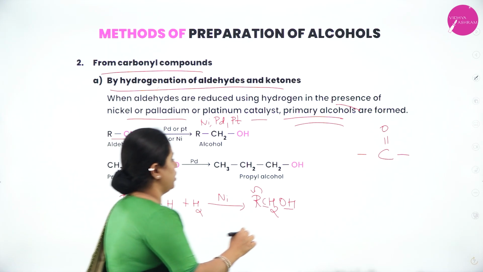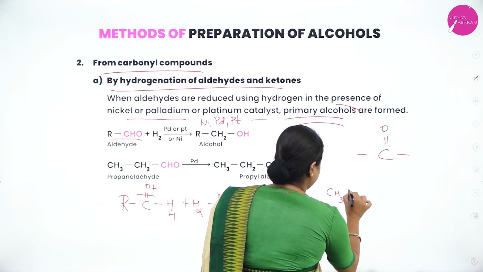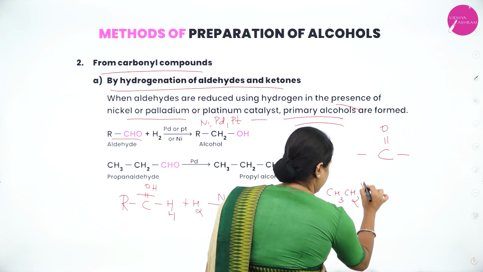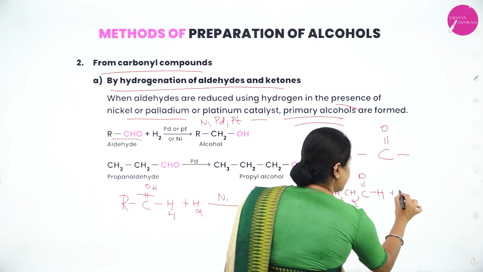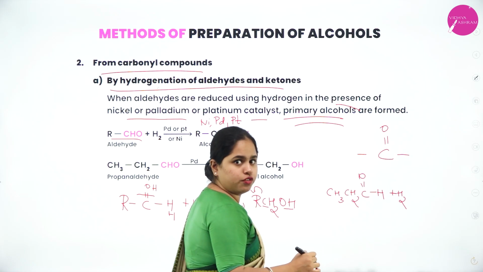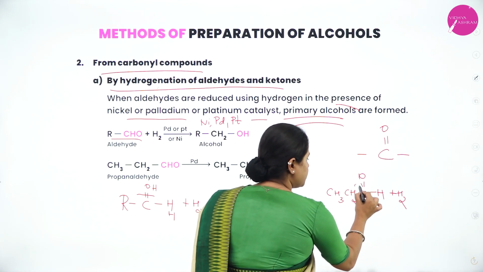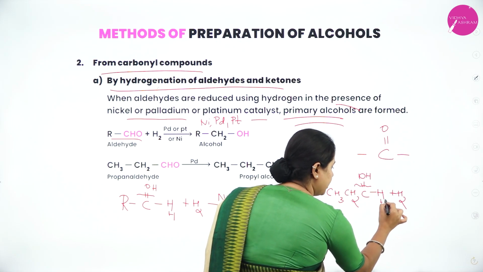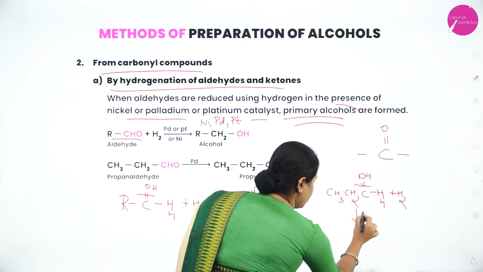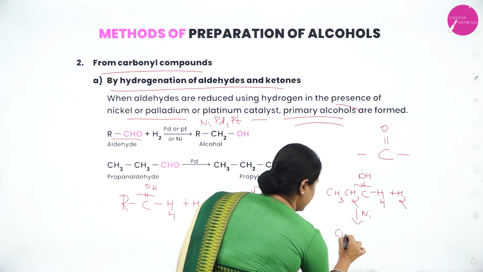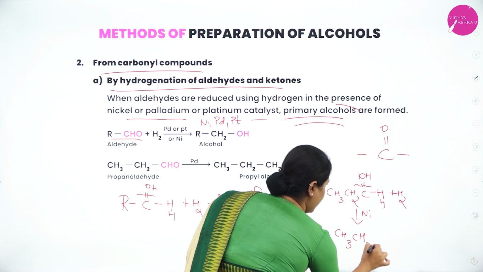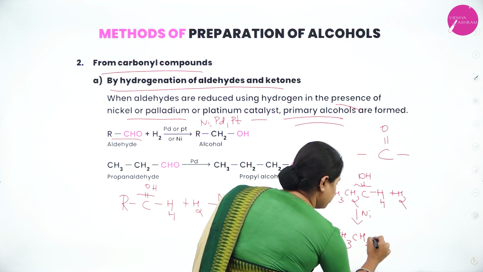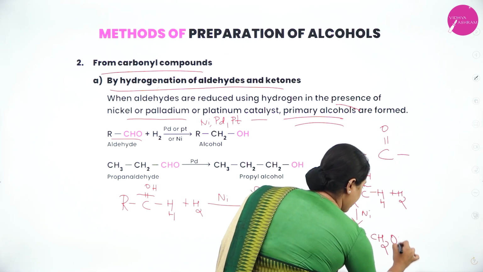Another example is shown here, that is CH3CH2C double bond O H, to which again we are adding hydrogen in presence of nickel. What happens again? This bond will be broken, one hydrogen will be added here, one hydrogen will be added here. So what you are going to get in presence of nickel? CH3CH2CH2OH, right?